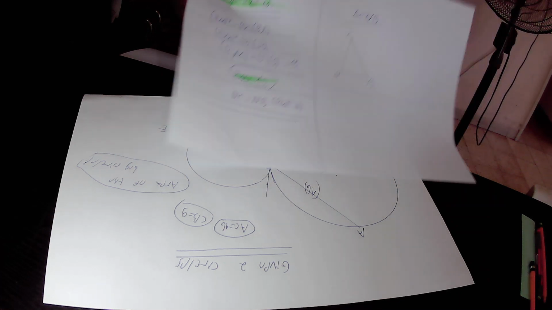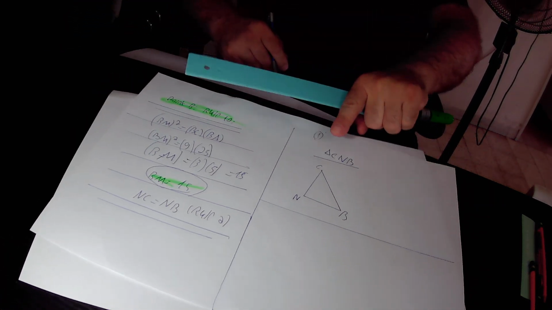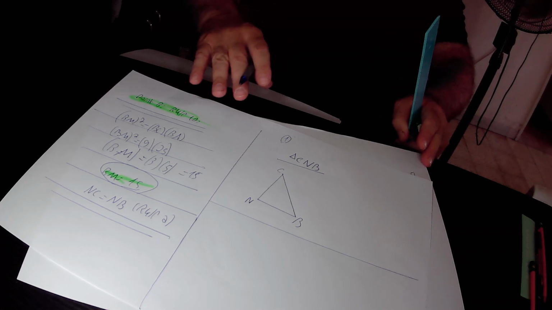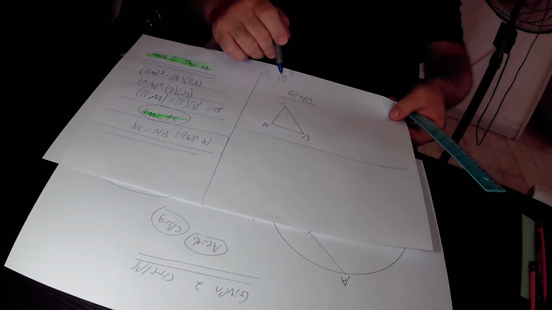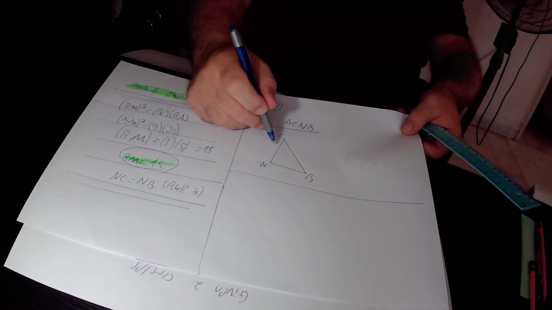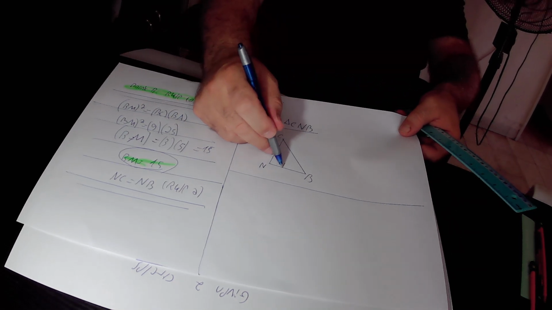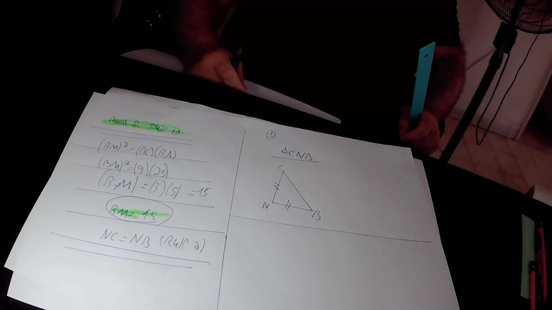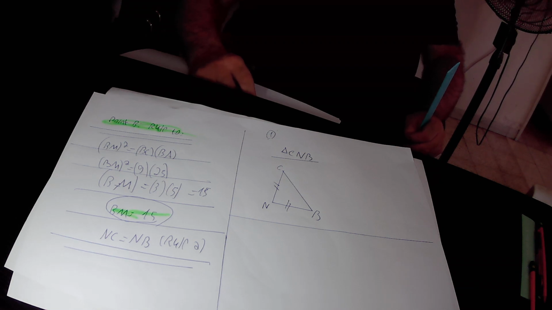Okay, this is triangle CNB that I copied from the original drawing. According to Rule 2, CN equals NB. And we have the rule that says that in front of equal sides in a triangle, there are equal angles.